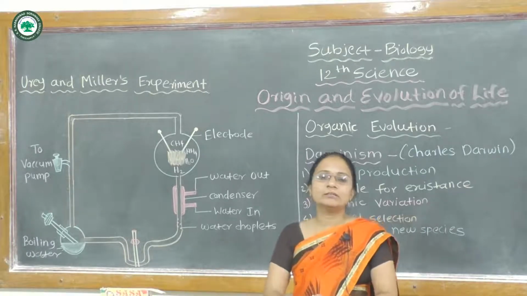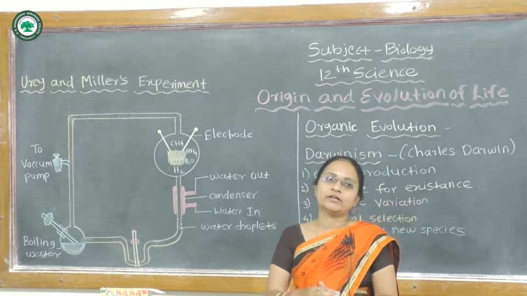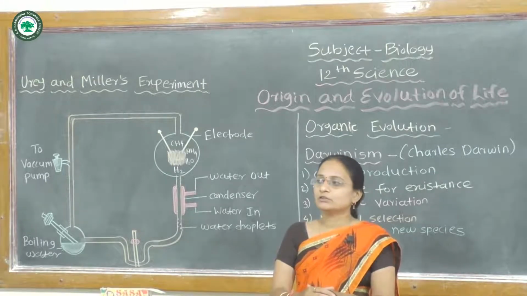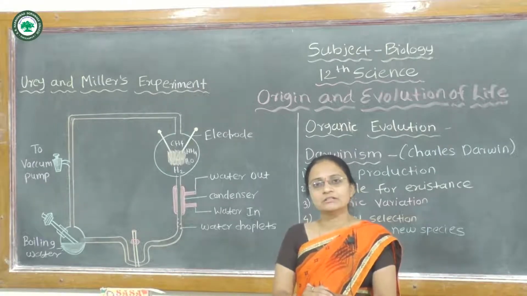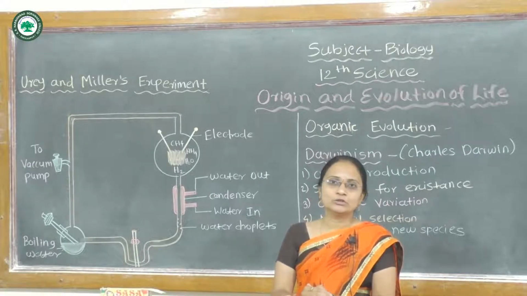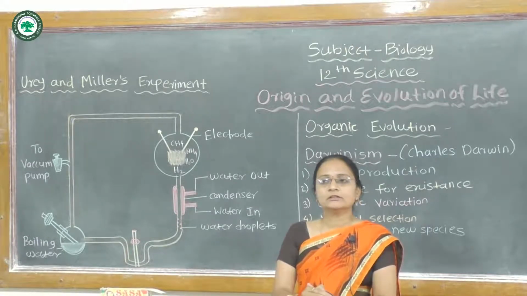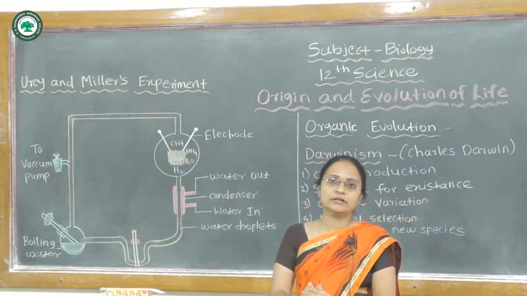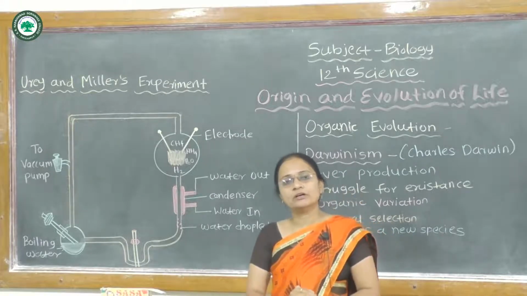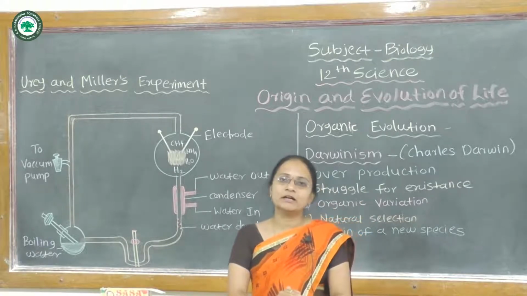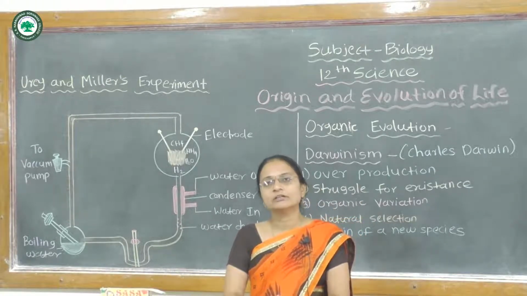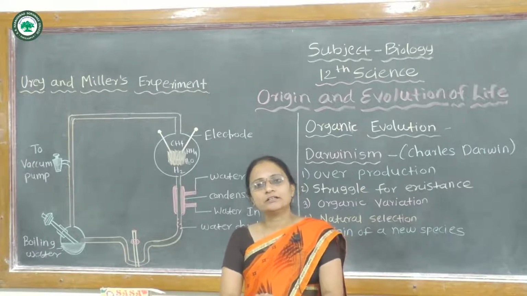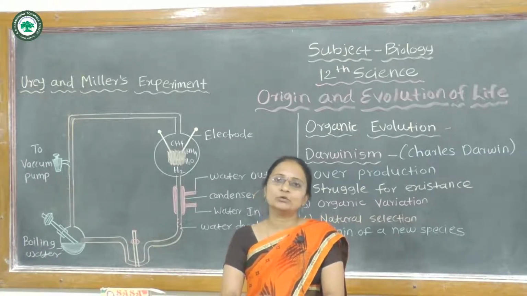This experimental setup clearly proved, using the spark discharge apparatus, the Urey Miller apparatus, that the chemical theory of evolution is correct: in sequential manner, life originated from simple elements to complex elements, and at the last stage the proteins and amino acids combined and condensed to form nucleotides.